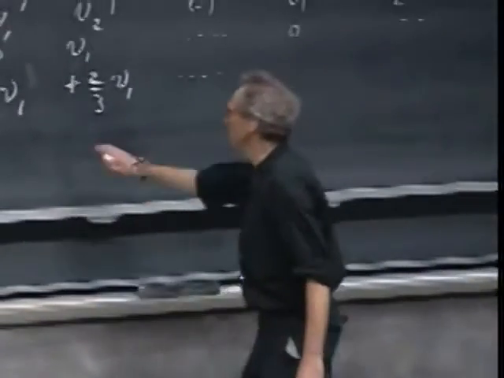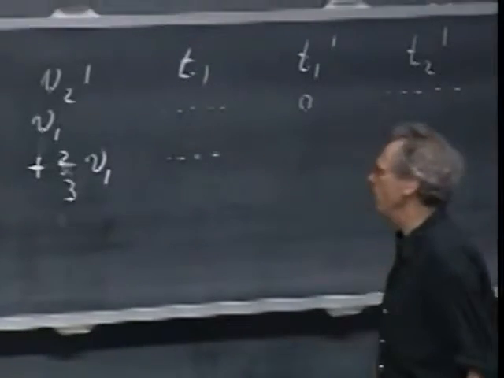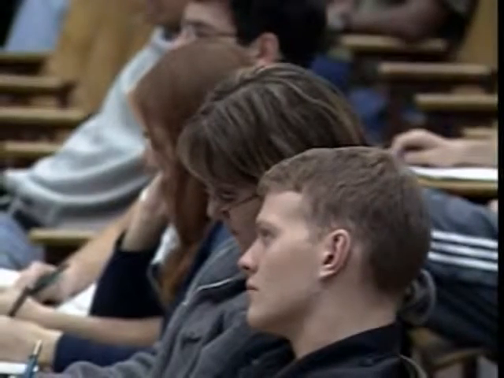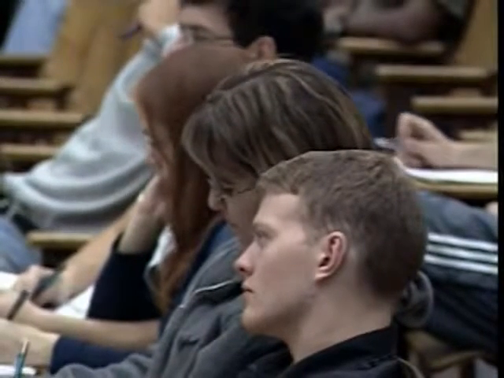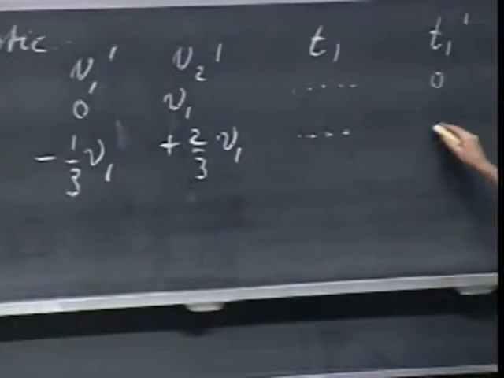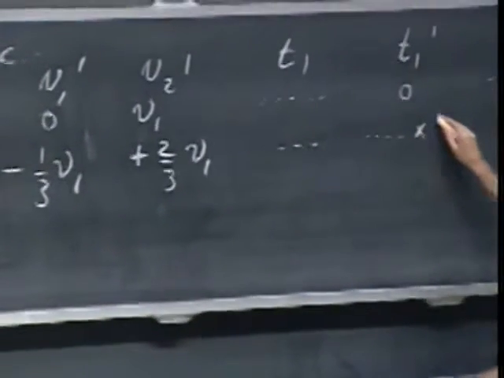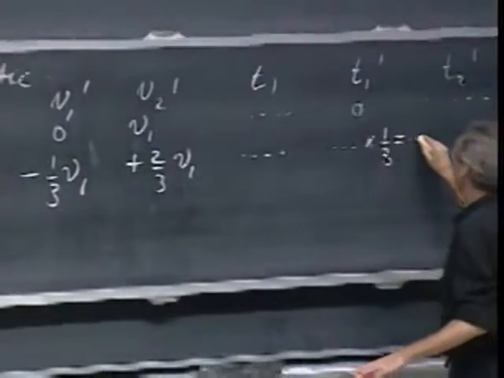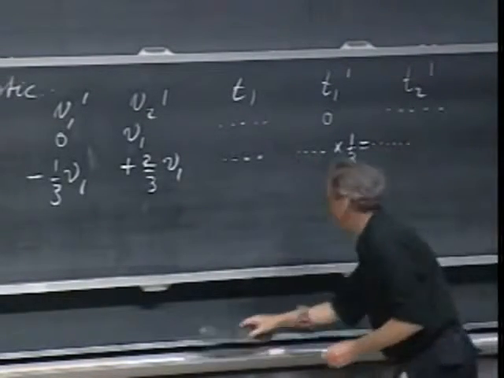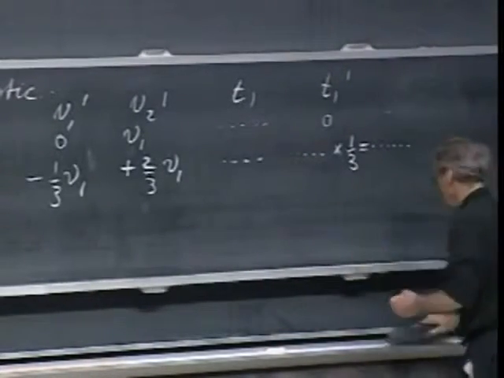Now we do this experiment. We get a certain T1. And so this one goes back with 1/3 of the speed, so it will take 3 times longer to go 10 centimeters. So I'm going to multiply this time by 1/3, and whatever comes out should be the same as this. T2 prime.